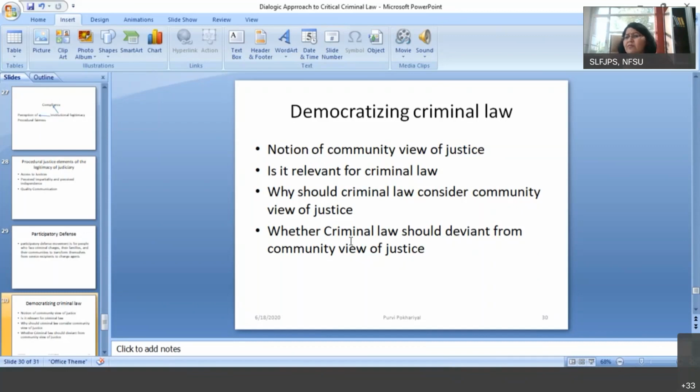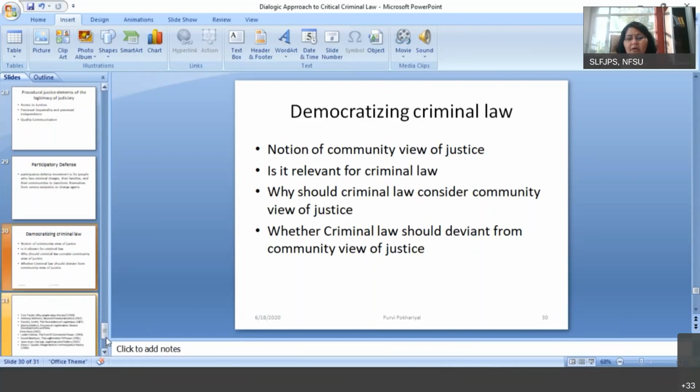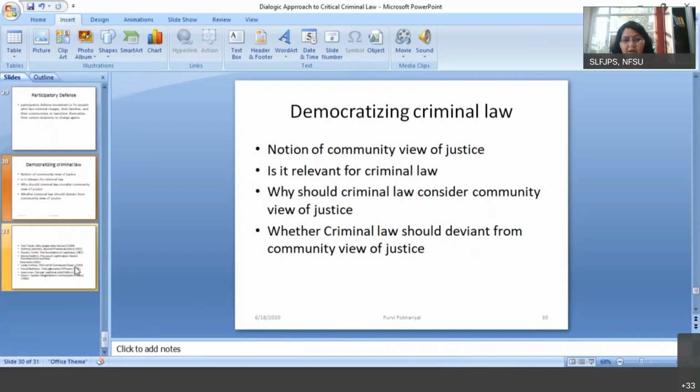There may be a number of occasions, and at that point do you question the legitimacy if the community sense is not being considered? So democratizing criminal law is the ultimate goal of the dialogical processes through which we are trying to study criminal law.